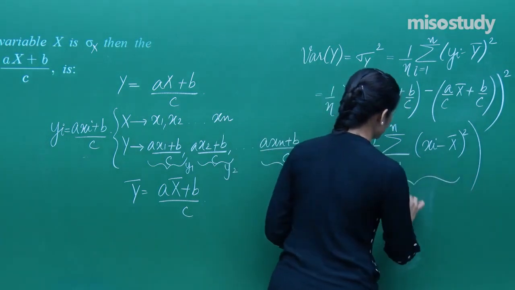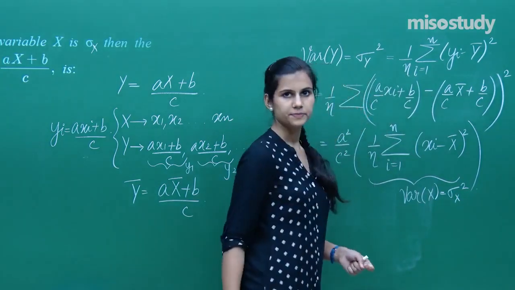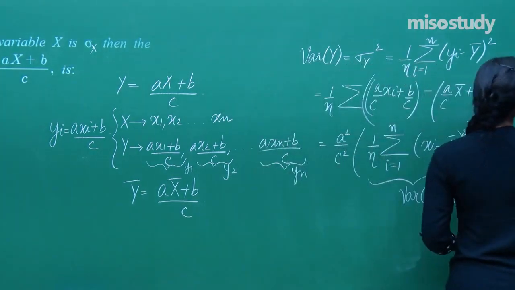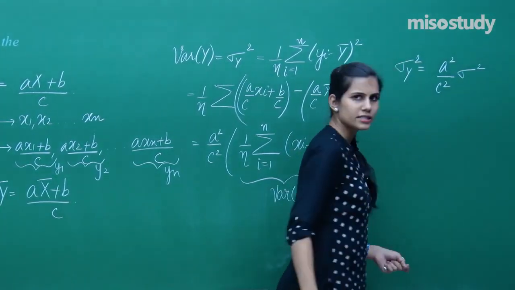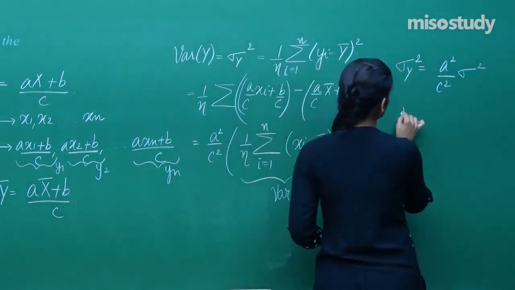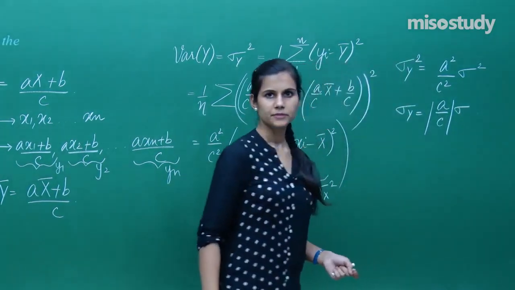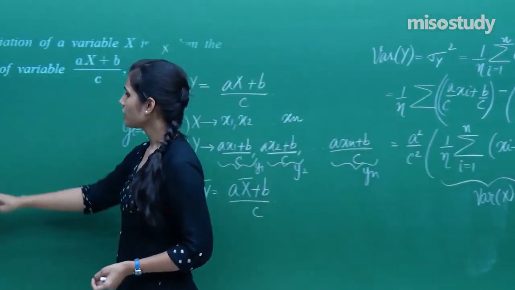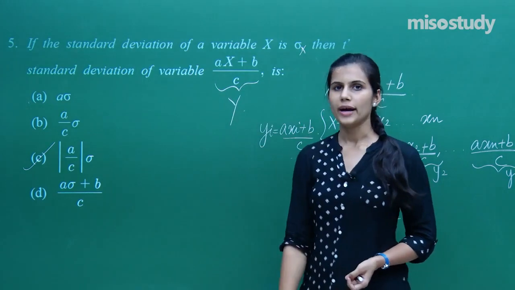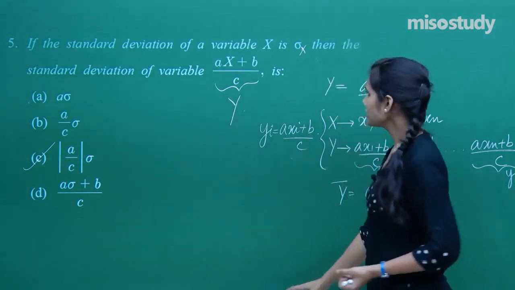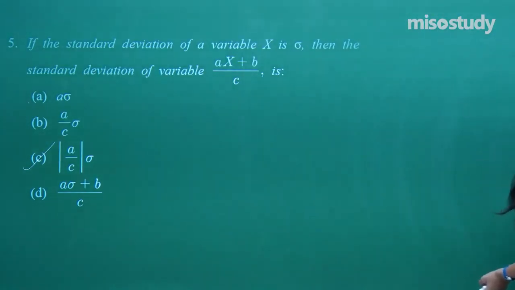And this is nothing but the variance of x, which is sigma x whole square. So you are getting that sigma y square is a square by c square, sigma x square, as it's given in the question. So sigma y will be mod of a by c times sigma, right? Sigma y is mod of a by c sigma, that is the standard deviation of this particular new variable y. Clear? Because standard deviation is nothing but the positive square root of the variance.